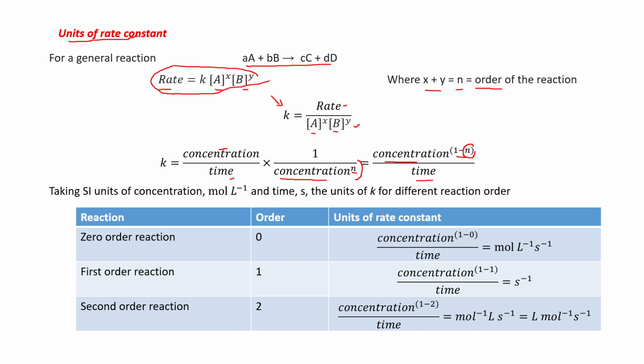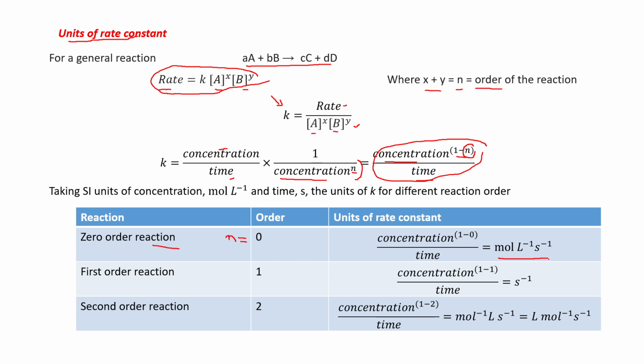Now see this table. For a zero order reaction, n is equal to 0. If we put this 0 in this formula, 1 minus 0 is 1. If concentration is expressed in mole per liter and time in seconds, then this is mole per liter per second.